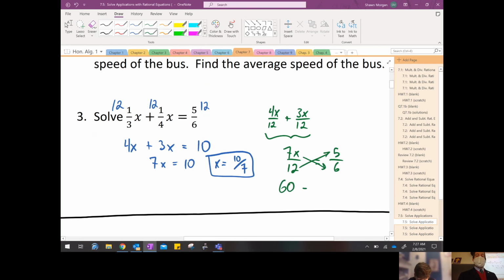You get 60 equals 35x, and divide both sides by 35. 60 over 35 equals x. Of course, you would want to simplify that out, dividing both of those by what? Divide by 5, and you get, well, I'm not going to get the same daggone thing. What did I do to mess up?